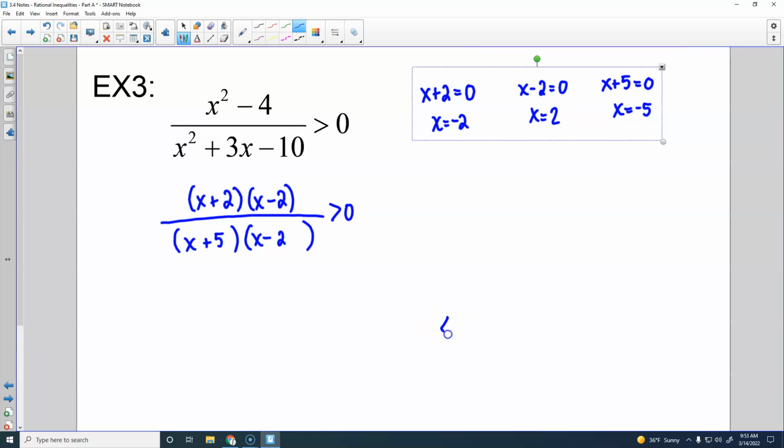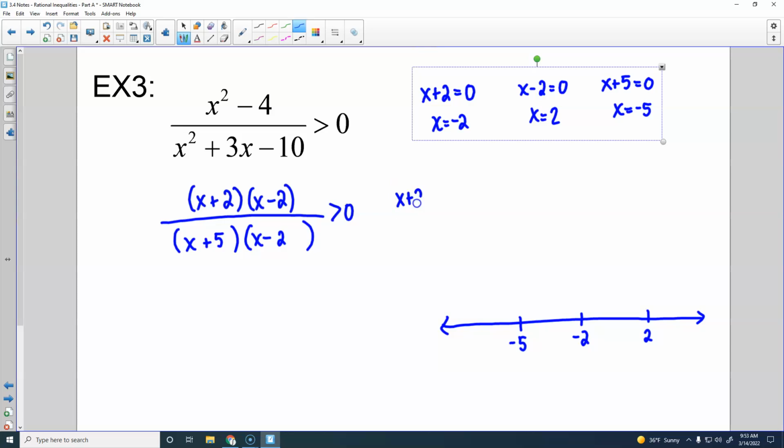So I'm going to put these in order. So I've got -5, -2, and 2. And I'm just going to list each of my factors over here on the side.